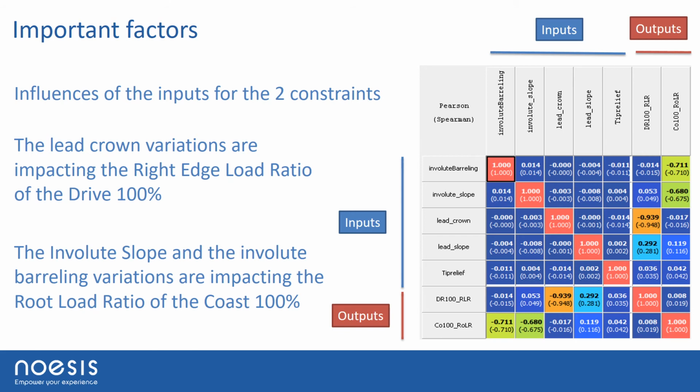And the tip relief has almost no impact on those 2 constraints. So this already gives us an idea about which input has what influence on what output, and this is going to help the designer know what to act on to get a robust design.